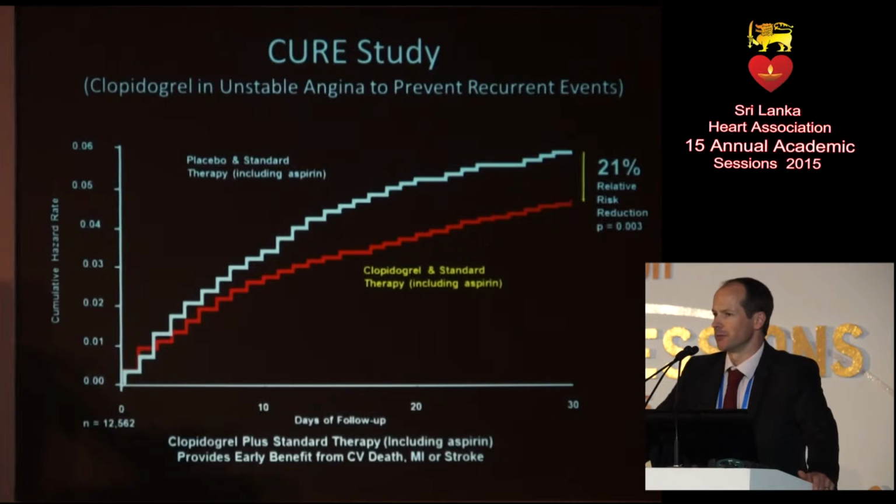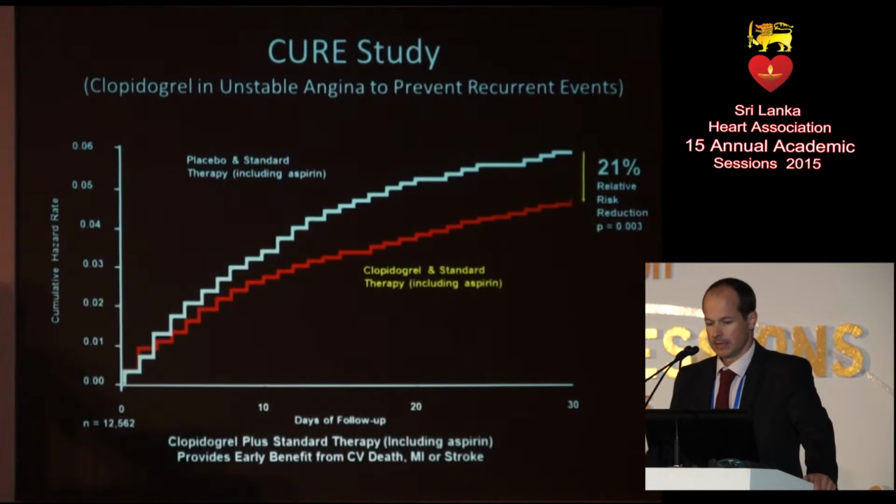Patients didn't get any sort of intervention particularly early. They certainly didn't undergo PCI early in the course of their admission, and only a very small group did. But what it showed was a highly significant 21% relative risk reduction in this primary endpoint of cardiovascular death, myocardial infarction and stroke. And this really transformed practice.